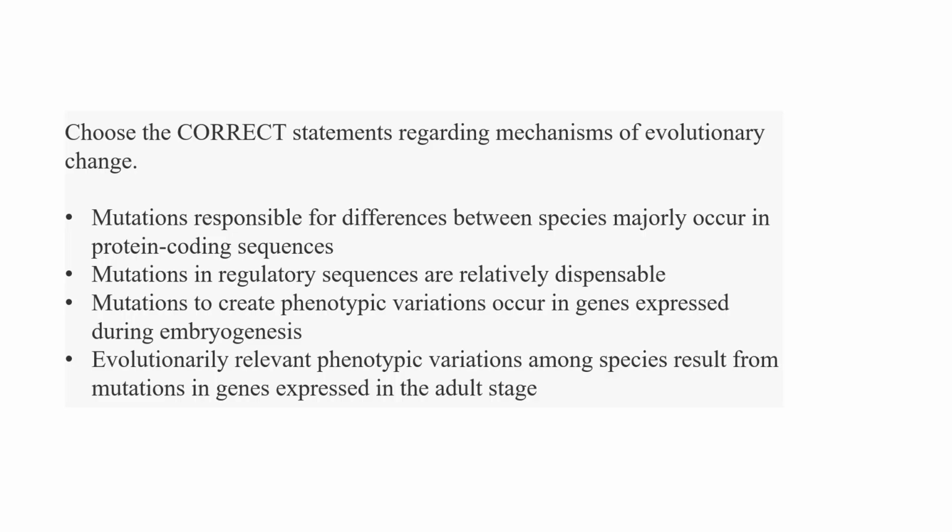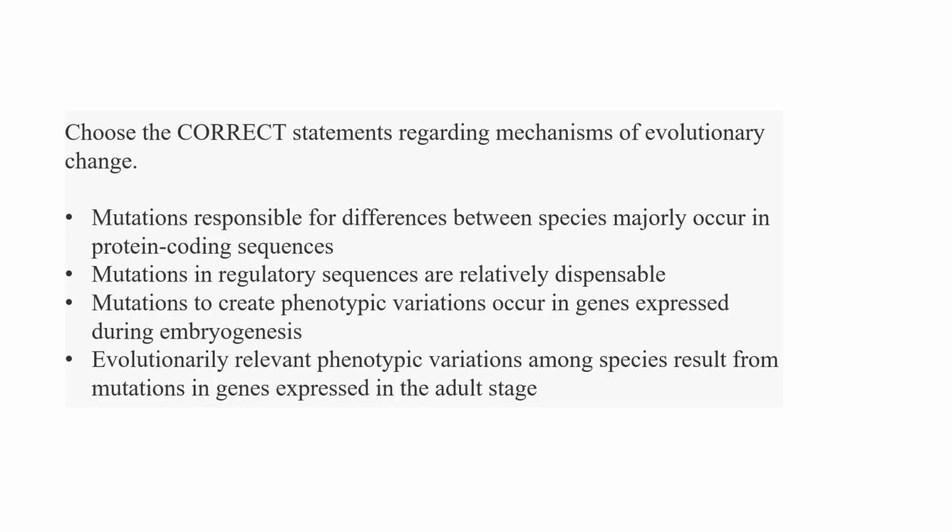Mutations in the regulatory sequences are relatively dispensable. Because regulatory sequences are the non-coding regions which are regulating. If a mutation occurs in a promoter or in an enhancer region, it might not be able to activate as much as it normally does. But it doesn't mean that it is completely going to fail.